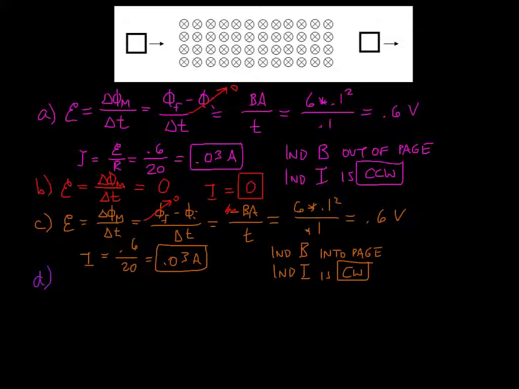For Part D, how much energy is dissipated in the wire loop as it enters the magnetic field? Well, we first figure out the power, because power is related to energy. And there's three equations we have for electric power, which is I times V, or I squared times R, or V squared over R. And because I know the EMF, and I know the current, and I know the resistance, I can actually use any of these three equations.